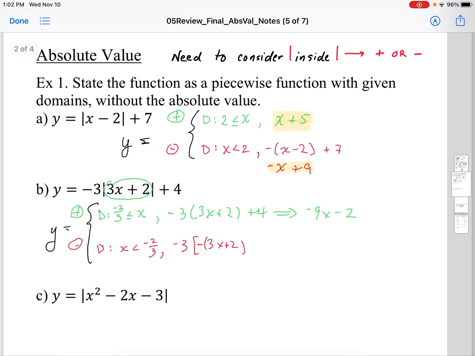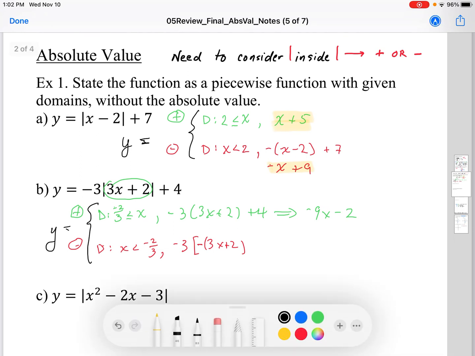I'll just highlight that extra minus. Then we're going to have the plus 4 on the outside. So we're just going to simplify this. This is a double negative, so it's going to be positive 9x. We're going to end up with positive 6 plus 4, so that becomes plus 10.